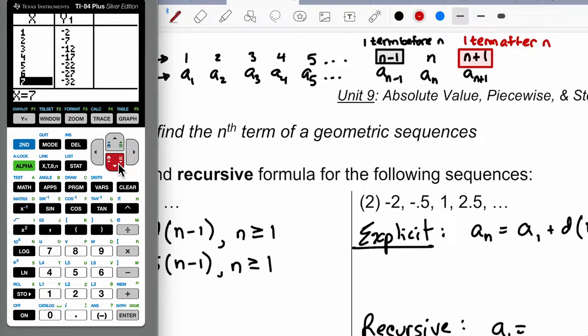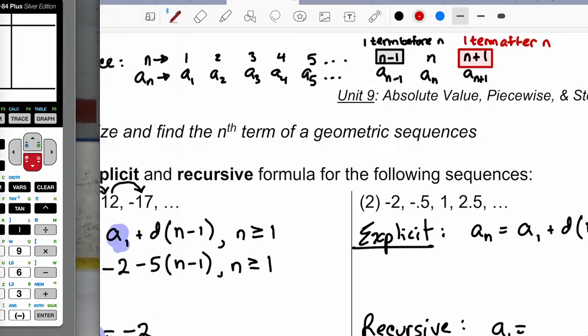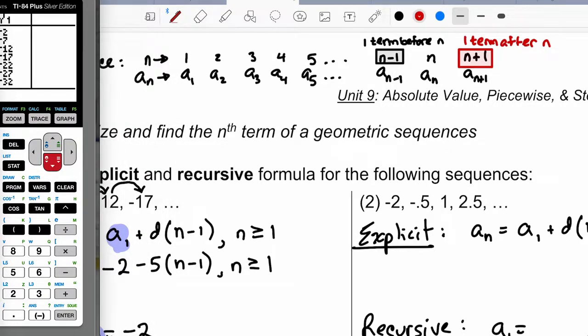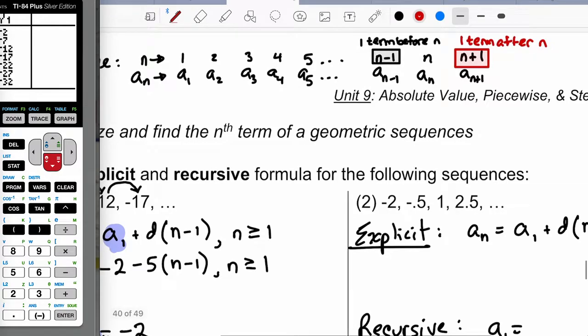All right, so what we're doing when we write a recursive model is we're just determining or stating the relationship between these two. I want to know what the relationship is between the term that comes before the nth term and the nth term itself.